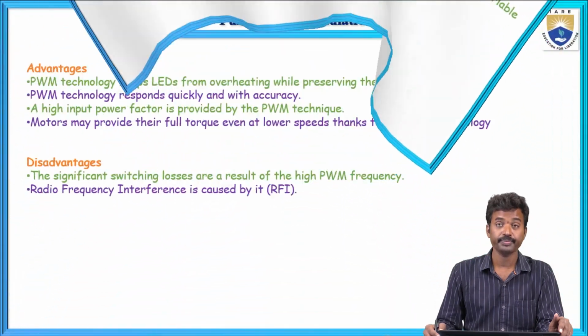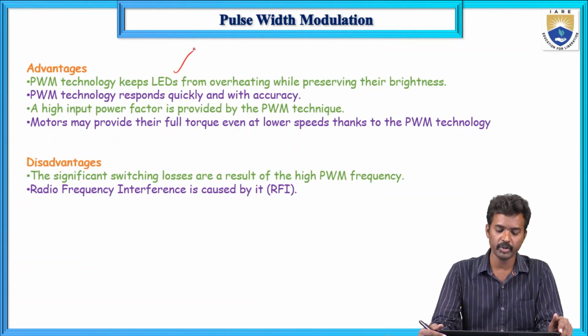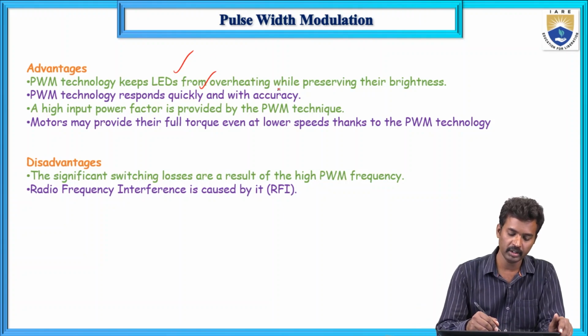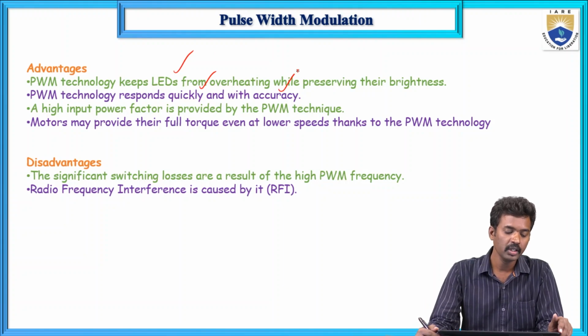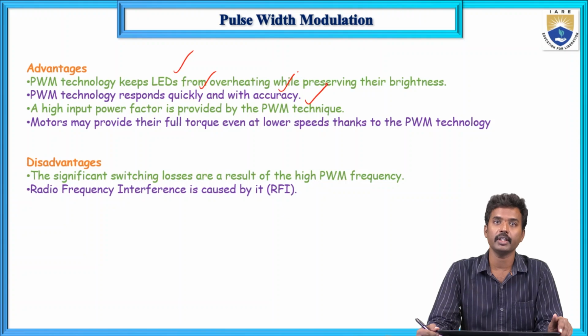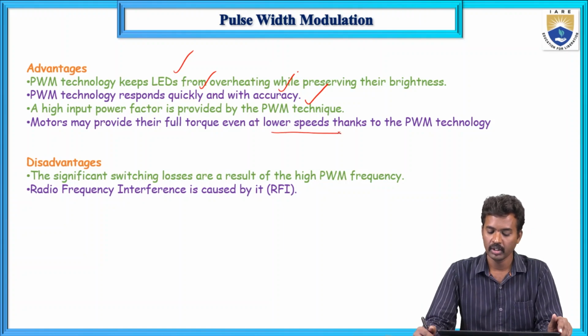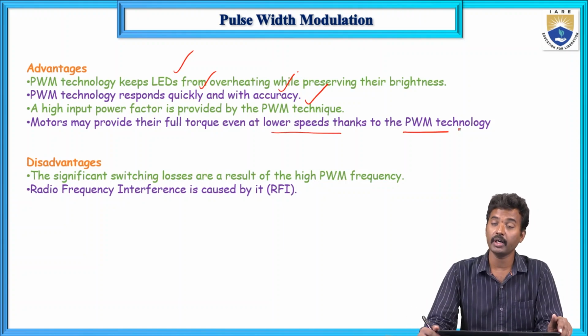Now these are the advantages. This technique is used in LEDs to protect them from overheating while preserving their brightness, this technology responds quickly and accurately, a high input power factor is provided, and motors may provide their full torque even at lower speed thanks to the PWM technique.